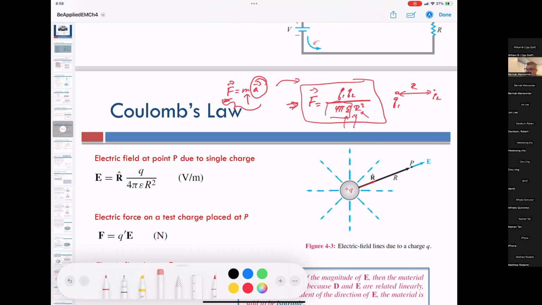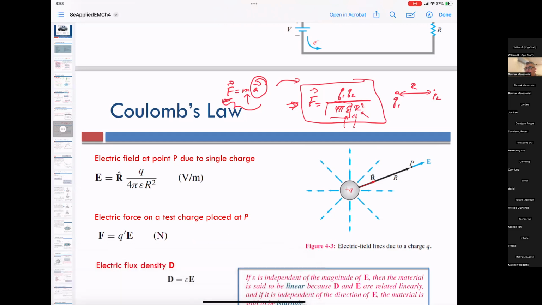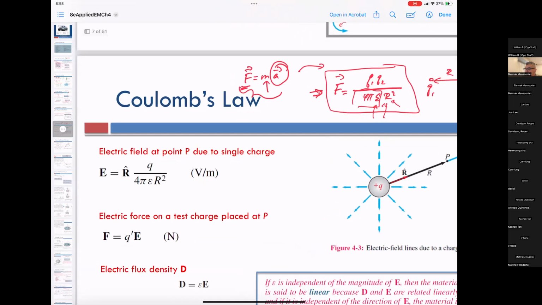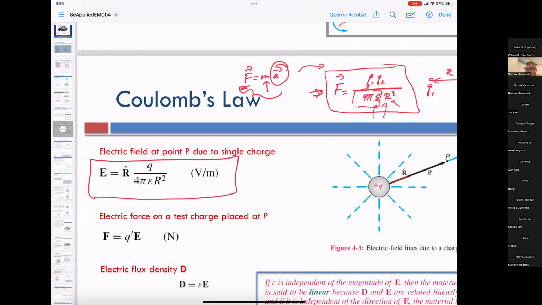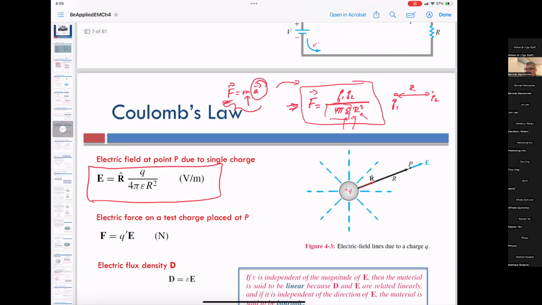So they came up with the idea, entirely an idea, of defining a field, and they called it the electric field. They theorized that a field was generated, and the way they defined it is with a so-called test charge.